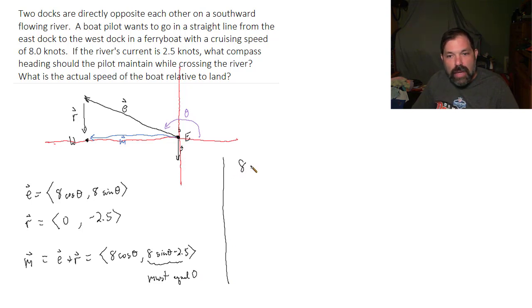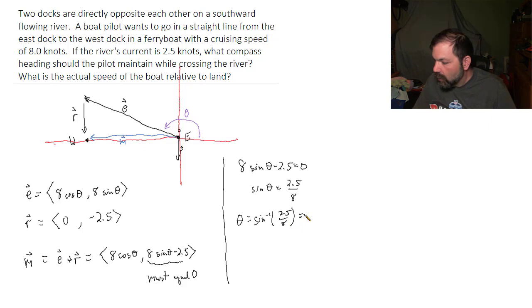So 8 sine theta minus 2.5 must equal 0. So then sine theta would equal 2.5 over 8, which means theta would be the inverse sine of 2.5 over 8. Now, if we punch this in on a calculator, inverse sine of 2.5 over 8, let's see.